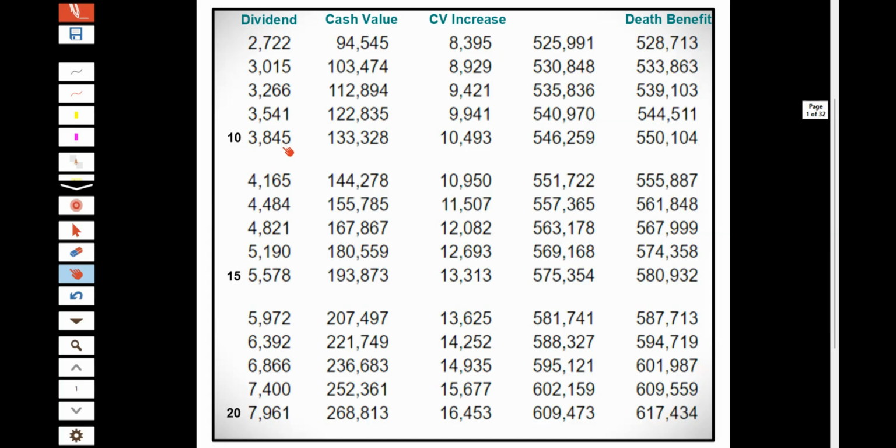Let's look at year 10 as an example. So in year 10, the total cash value increase is, let's call it 10,500. Again, you're contributing 4,345, and here's the dividend earned that year. Do the math. 3,845 plus the 4,345 is a lower number.